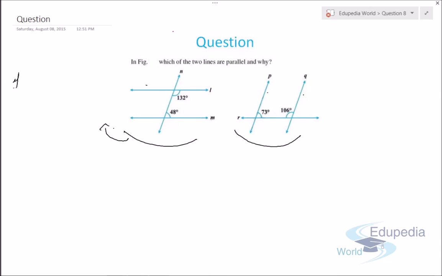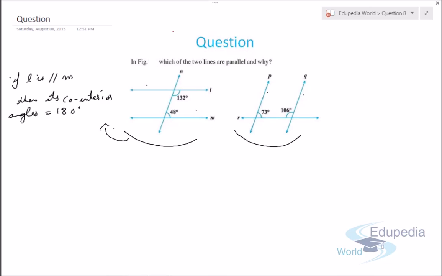Which means if L is parallel to M, then its co-interior angles should be equal to 180 degrees. So let's check that. Now let me remind you what co-interior angles are.